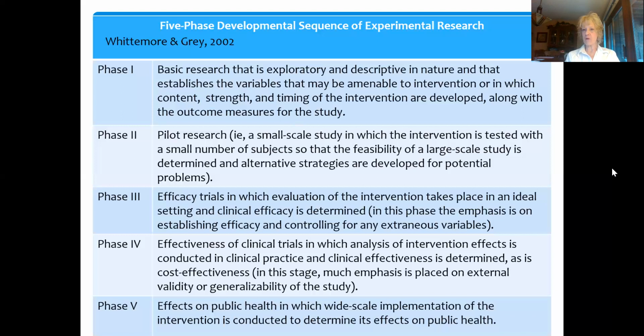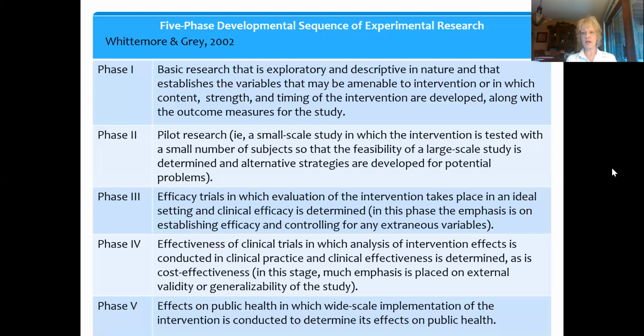Then if our intervention works perfectly in the controlled setting where we've controlled for every possible extraneous variable, we want to see, okay, now will it work in the real world? So it's great if it works in my very controlled setting where I've controlled for every possible thing, but can I roll this out in the real world? Will it work on the real clinical unit?